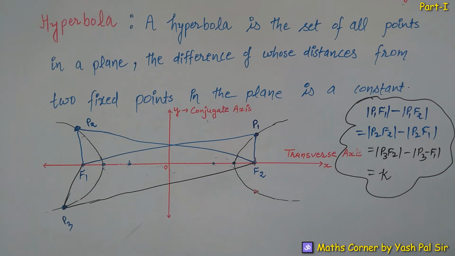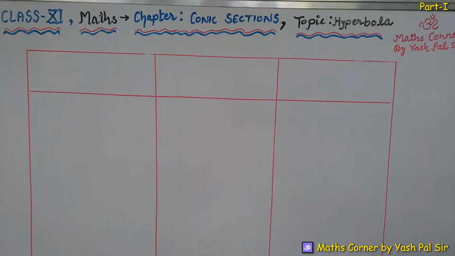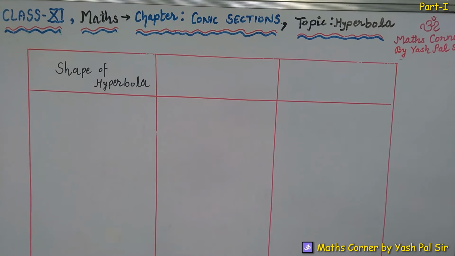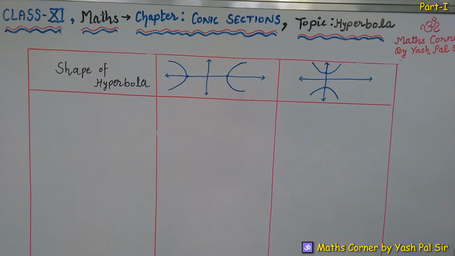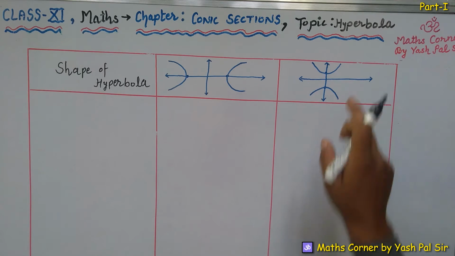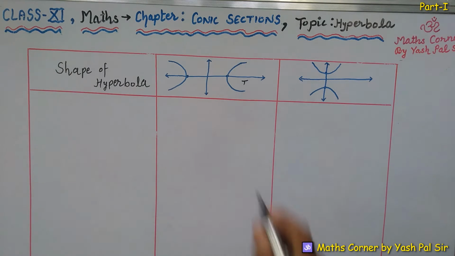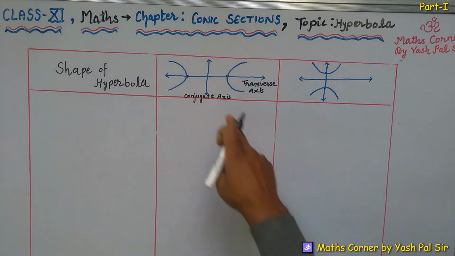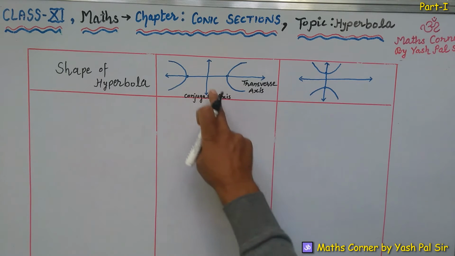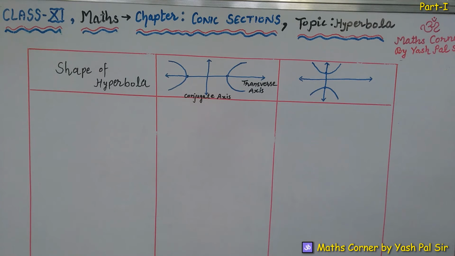Now more about hyperbola. Here we have the table. In this table we are going to explain two types of hyperbolas. The very first one is the shape of hyperbola, this is the first shape, this is the second shape. Here the x-axis is the transverse axis and the y-axis is known as the conjugate axis.